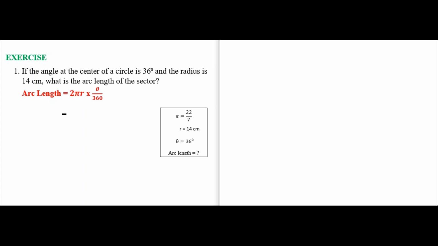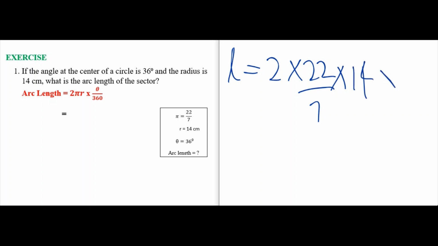I'm going to use an L to denote arc length. L is equal to 2, pi is 22 over 7, r is given as 14, and this is 36 over 360.